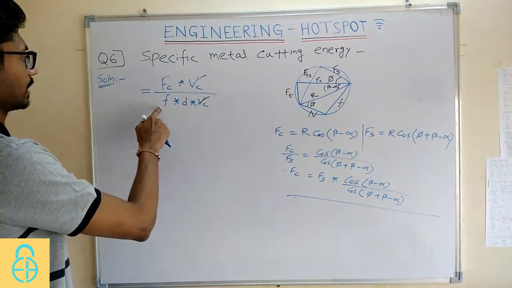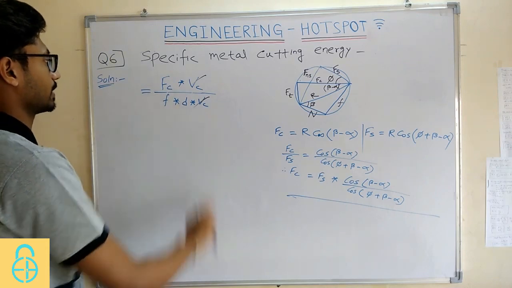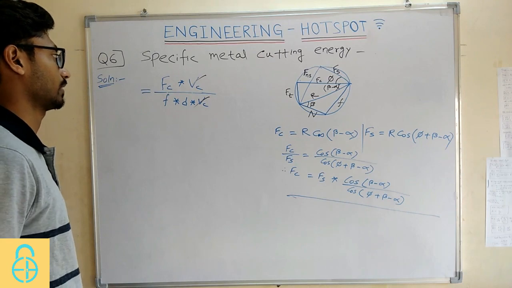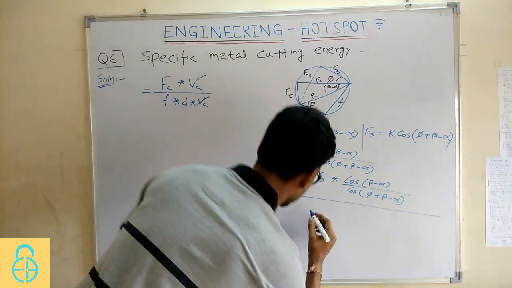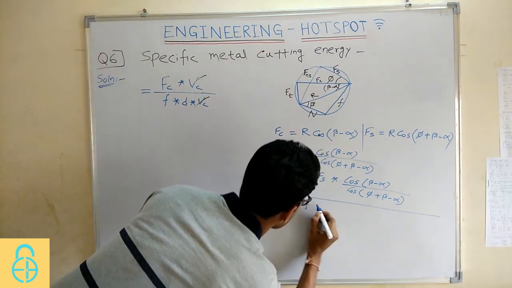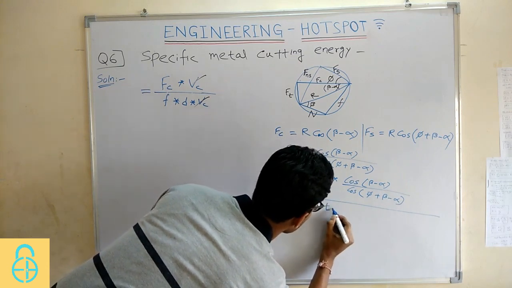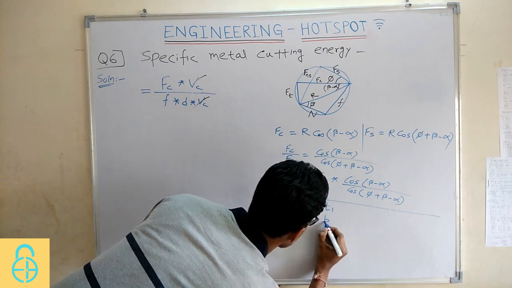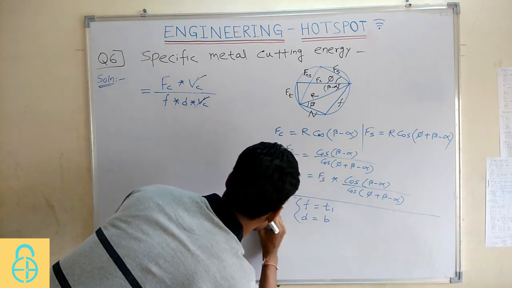you can see here F and D is given, but if you see the options are not in the terms of F and D. So what you can do, you can use one relation. F is equals to T1 and D is equals to B. This is valid for orthogonal cutting.